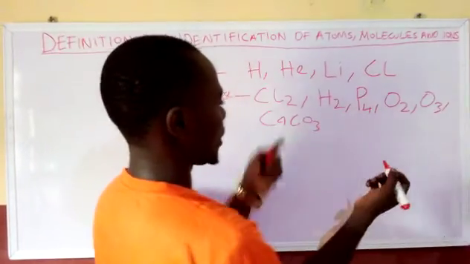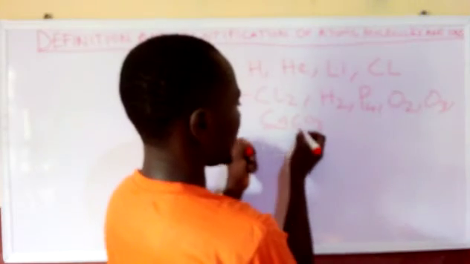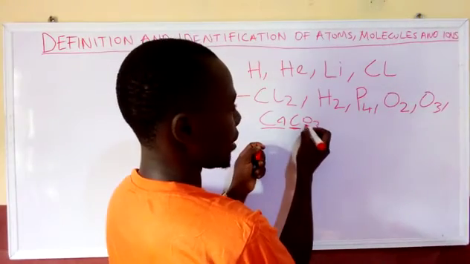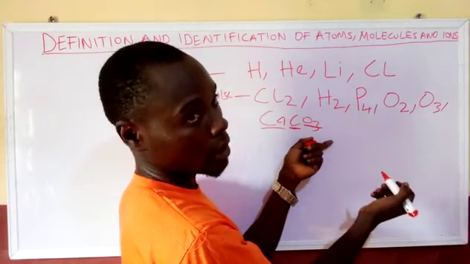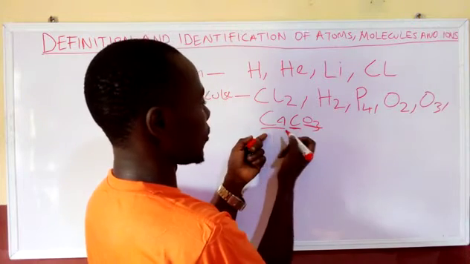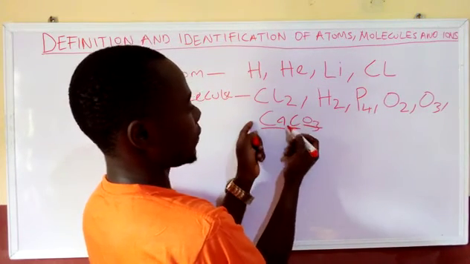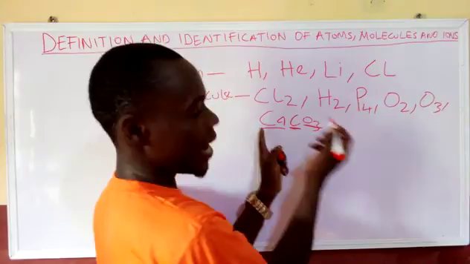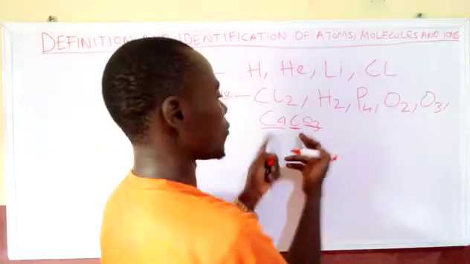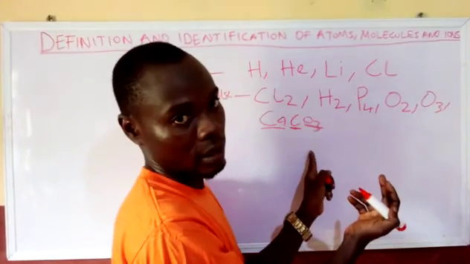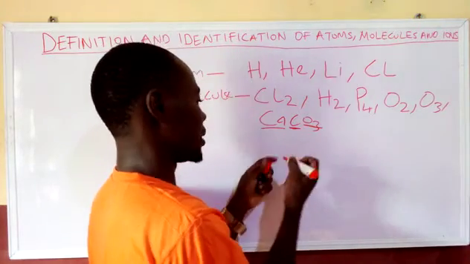This is a calcium atom, a carbon atom, and 3 oxygen atoms. If you count 1, 2, 3, 4, 5, it's made up of 5 atoms altogether, but from 3 different elements.